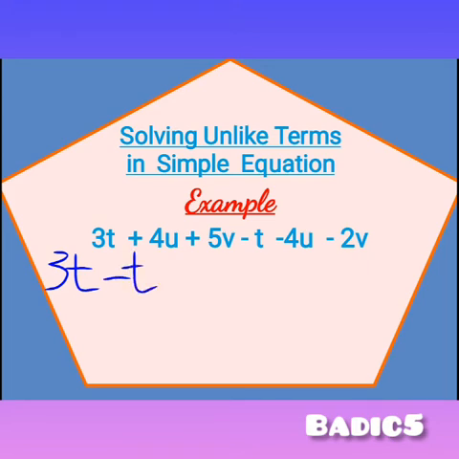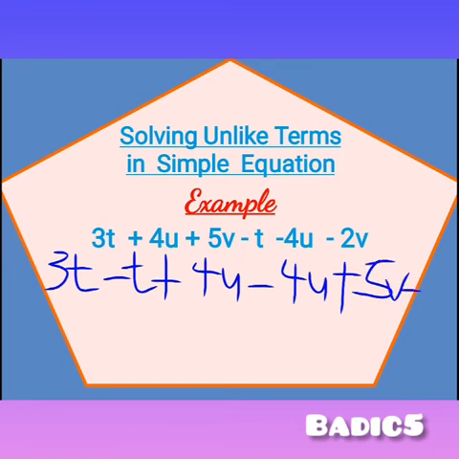We are through with the t's. Take the next variable, plus 4u minus 4u. We are through with the u variable. The last set of variable is plus 5v minus 2v.